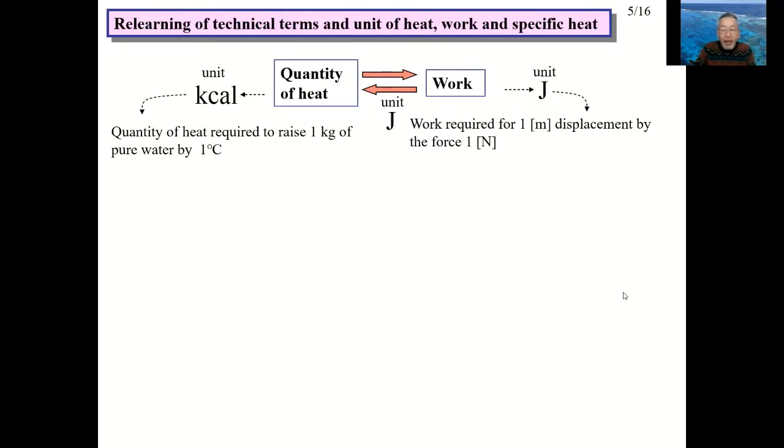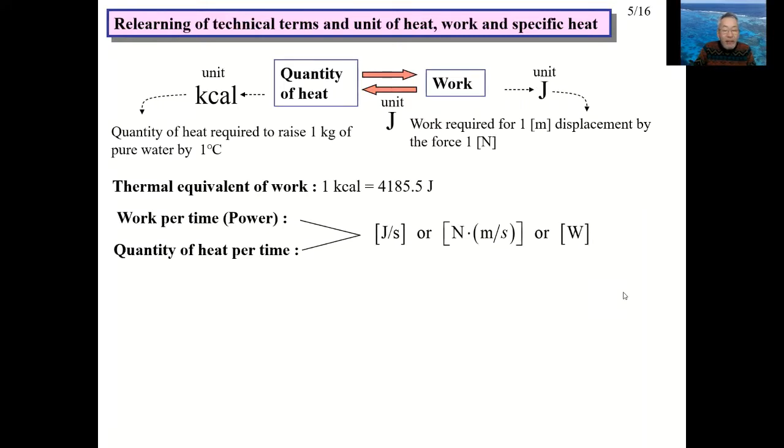Kilocalorie and calorie are not SI units, and so they are not used now in the field of science and engineering. The conversion formula shows that 1 kilocalorie is equal to 4,185.5 joule.